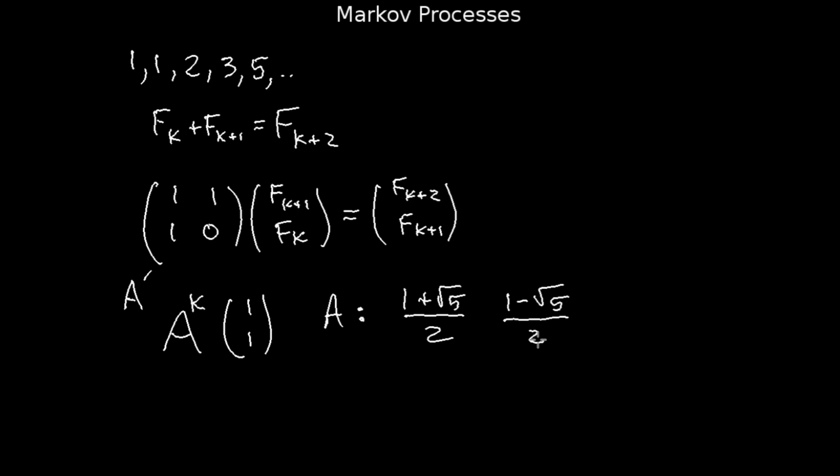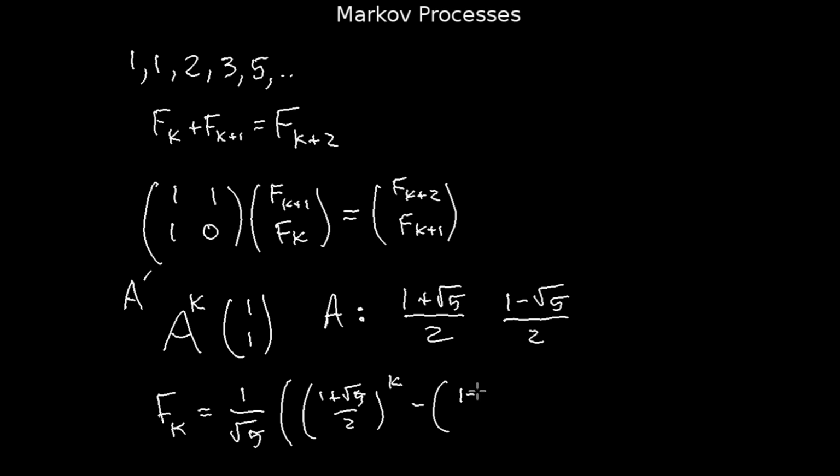And by plugging that in and doing a calculation, we found a closed form for the kth Fibonacci number. It turns out that F_k is 1 over radical 5 times ((1 plus radical 5)/2) to the k minus ((1 minus radical 5)/2) to the k.